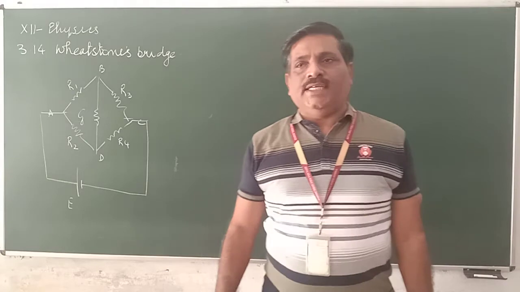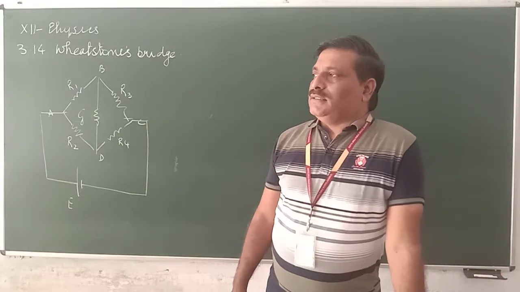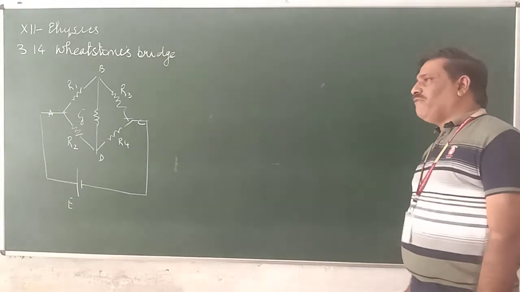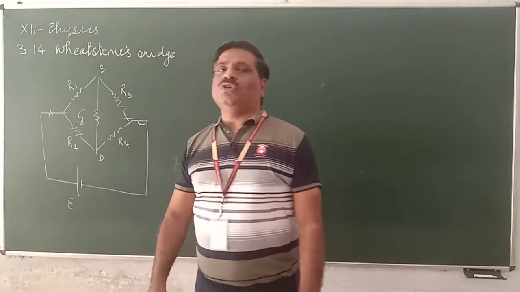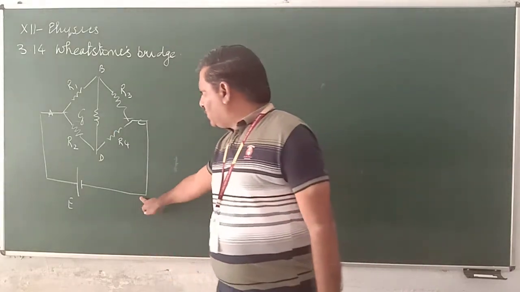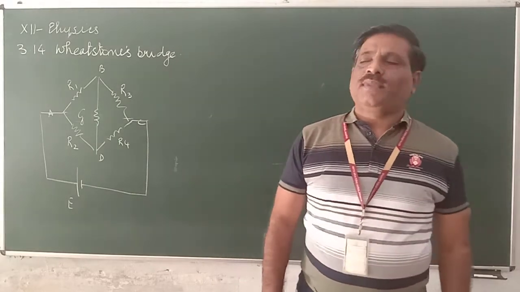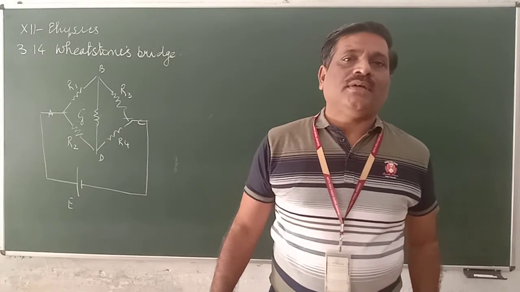We can exchange the galvanometer and battery, and the circuit works in the same way. Therefore, these two branches are called conjugate branches. AC is called the battery arm or source arm, and BD is known as the galvanometer arm.